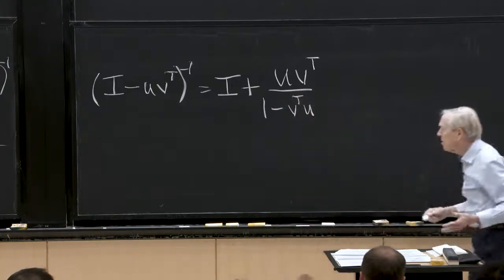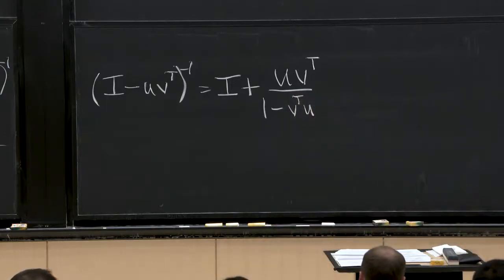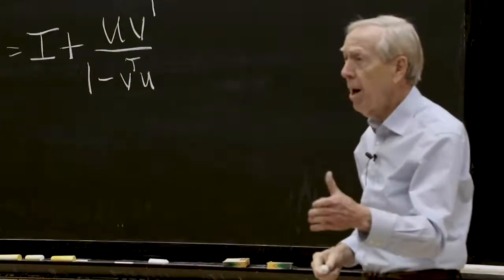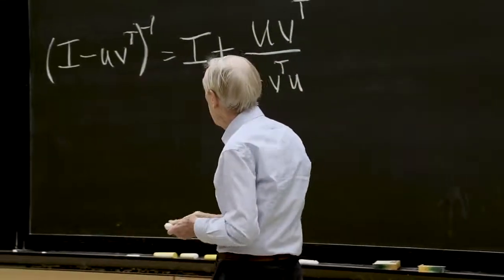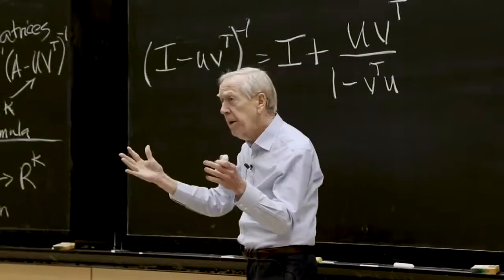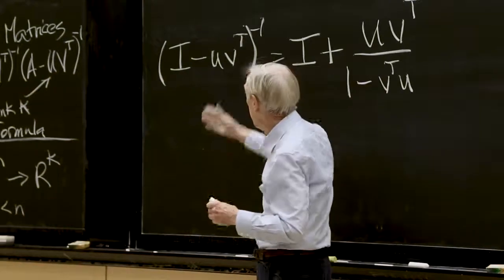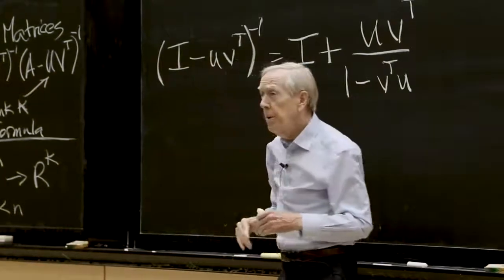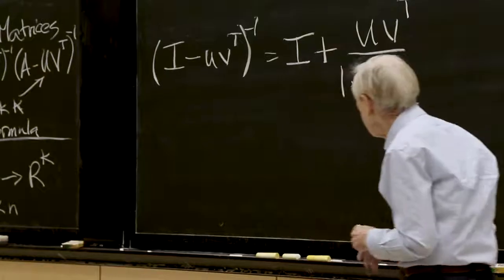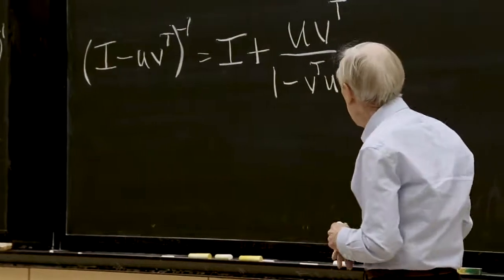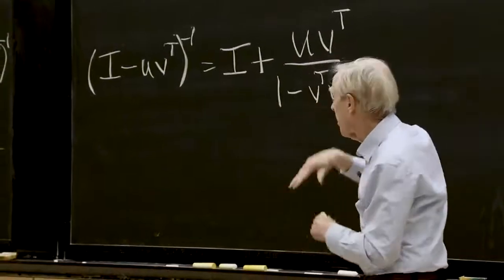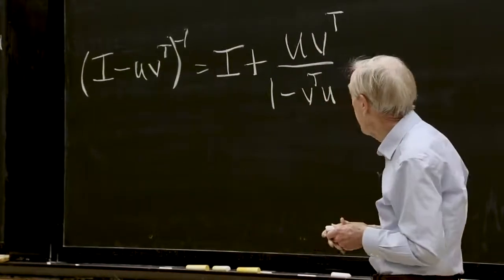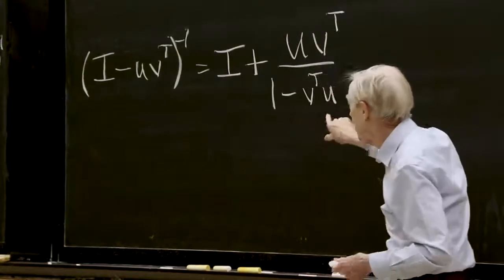Now let's first of all just see that this is a reasonable formula. So U and V are column vectors, as always. So UV transpose is a matrix, column times row. And it's being subtracted from the identity. And over here on this side, I have UV transpose, again a rank 1 matrix, divided by a number. So that's the point.